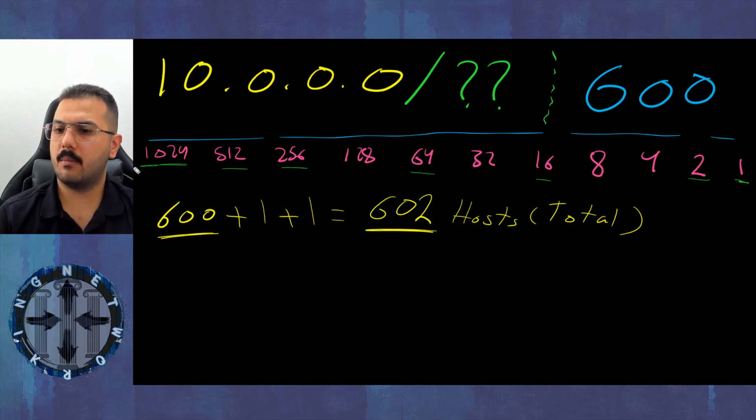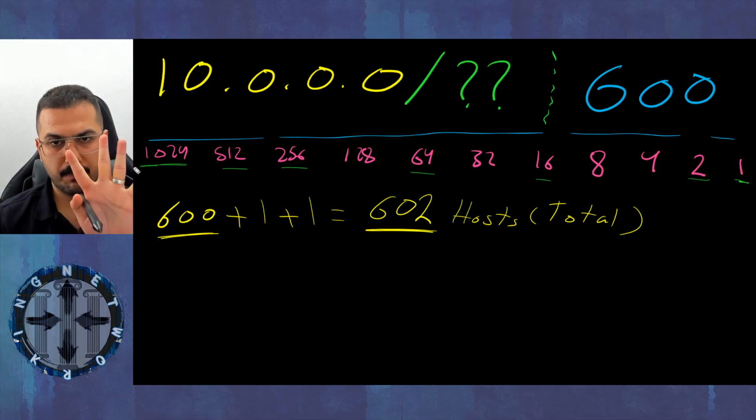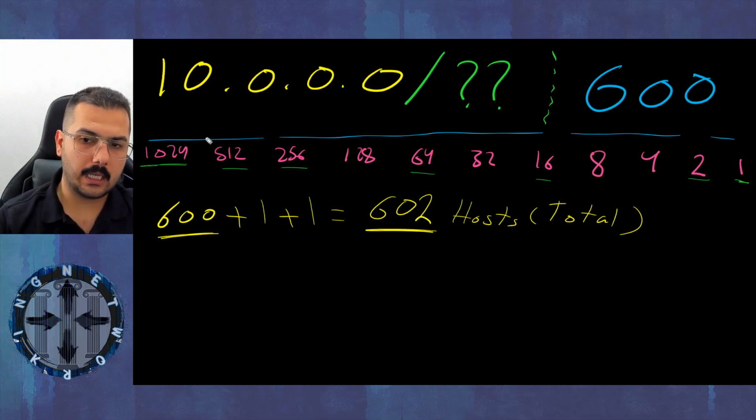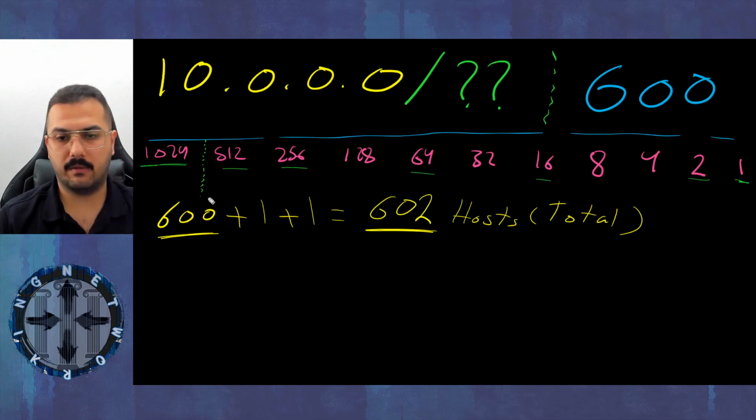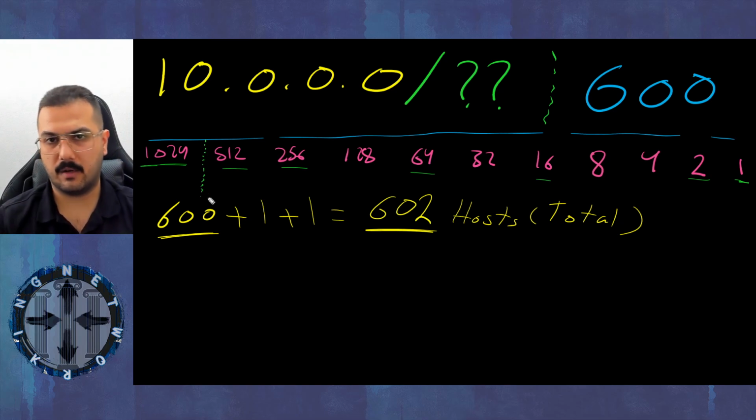So this was step number 3, to compare to the diagram. Step number 4, draw a line between the number that was not enough and the number that was enough. 512 was not enough. 1024 was enough.